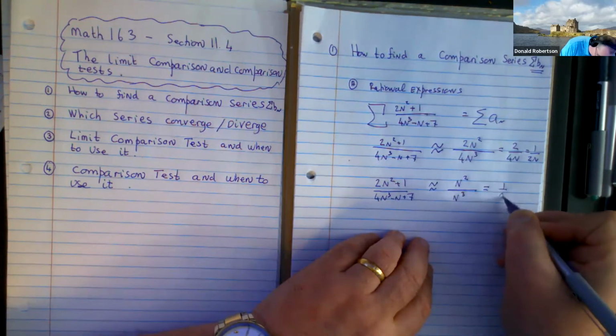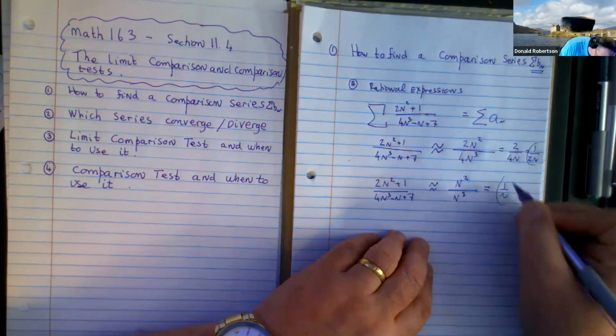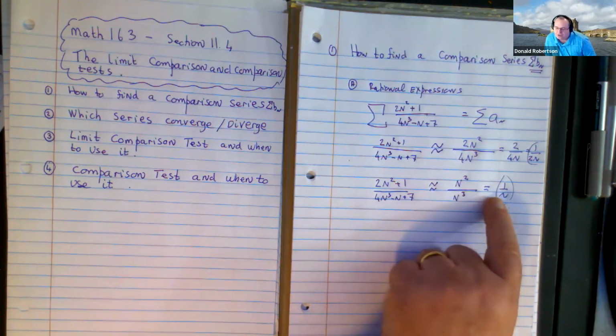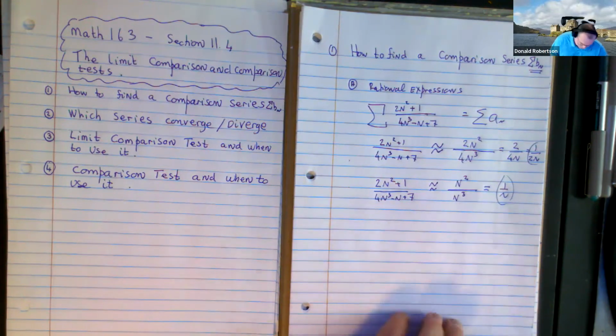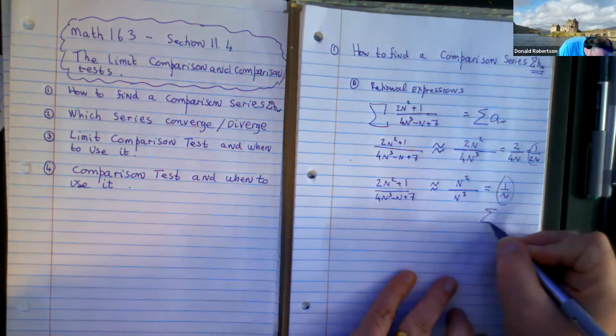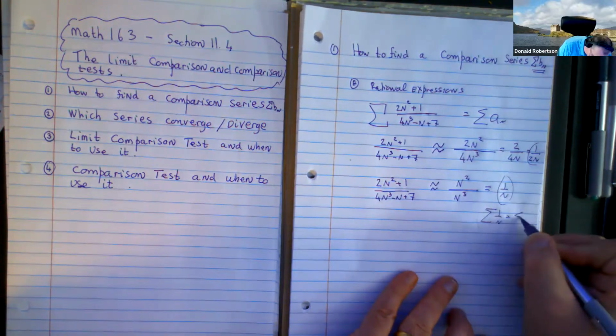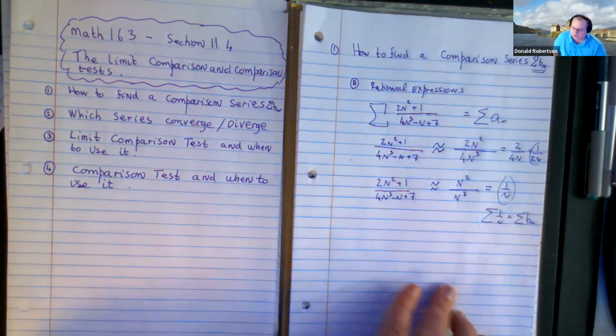I just call it n cubed. So the answers to the comparisons are quite similar. Would you agree? There's not an awful lot of difference. It's just that if you do this version, you tend to get pretty much the simplest series in the world. So this one here is the comparison series. That's the one we call sigma b_n.